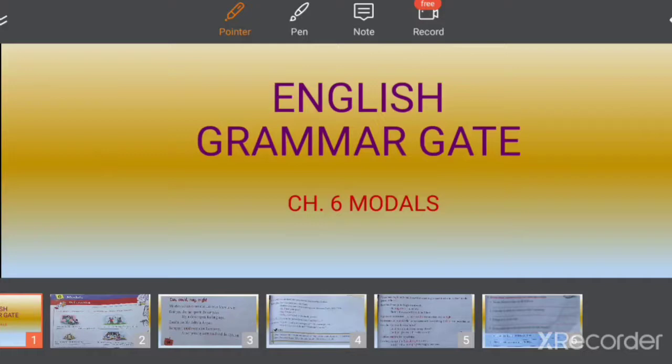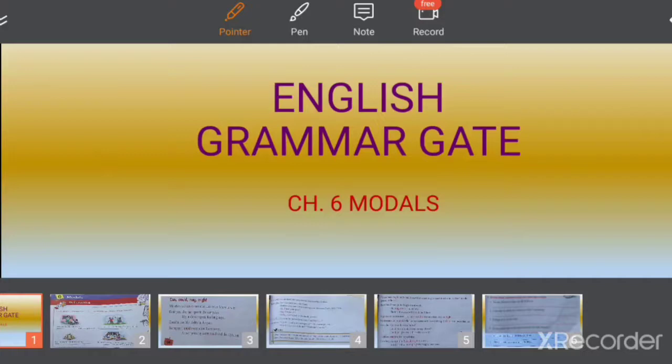Before starting this lesson, I would like to explain what modals are. Modals, also called modal verbs, modal auxiliary verbs or modal auxiliaries, are special verbs which behave irregularly in English.